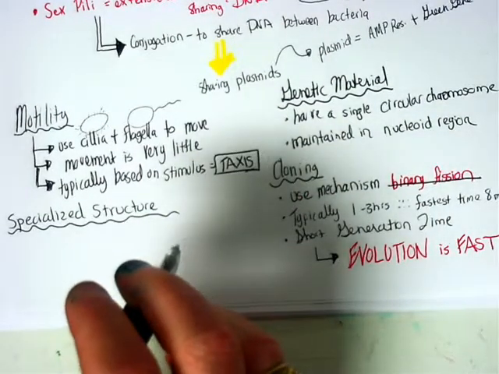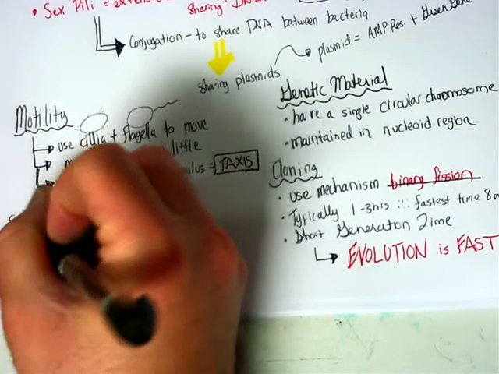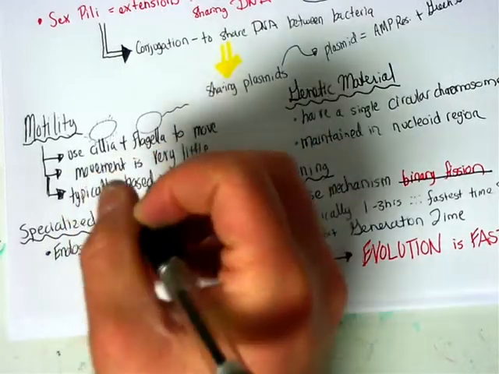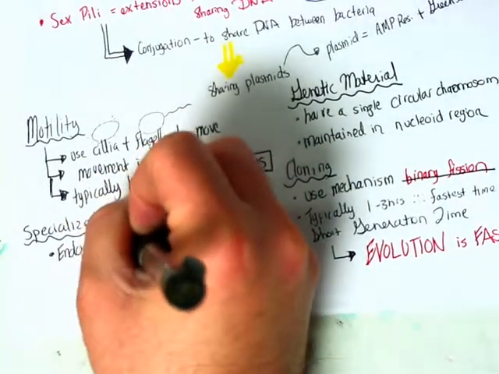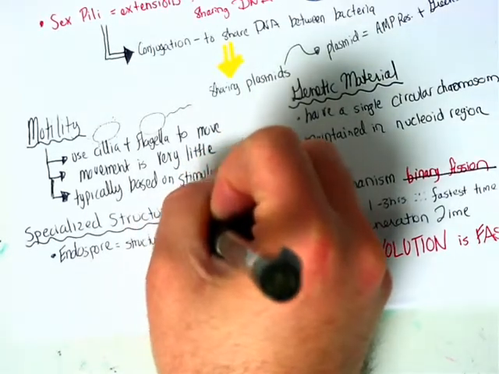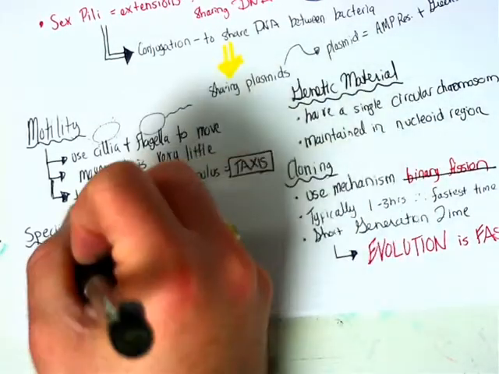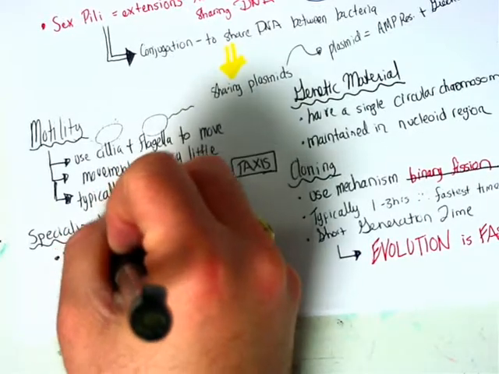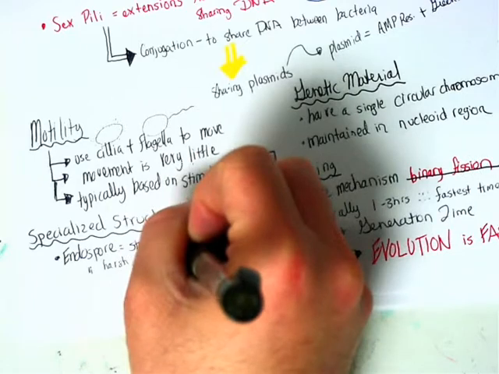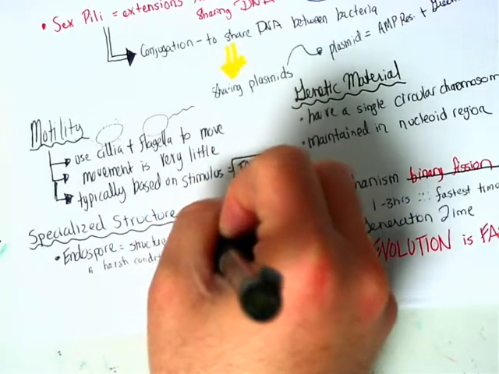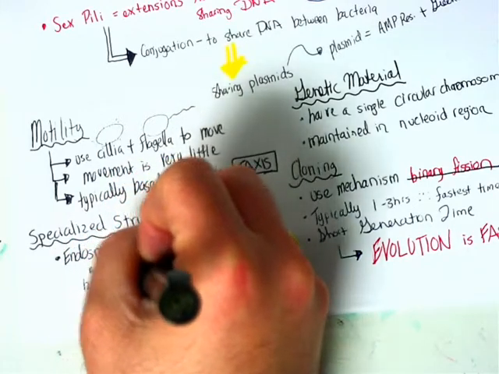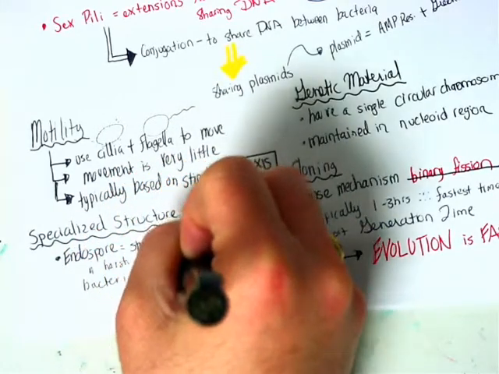The specialized structure that I'm thinking of is called the endospore, which is a structure that is activated in harsh conditions, which allows the bacteria to become dormant.